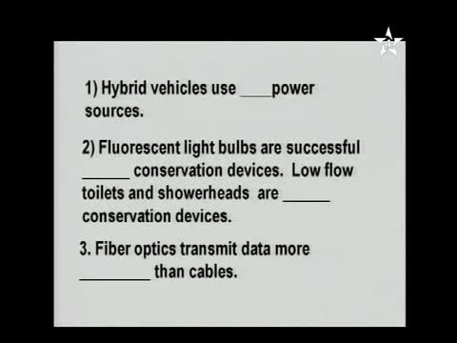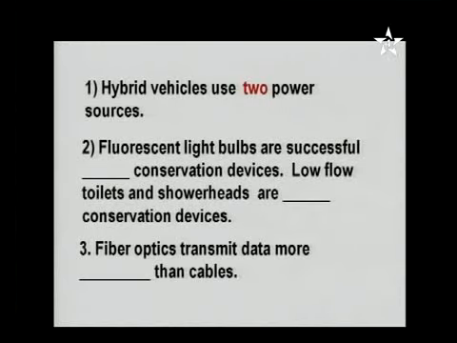Low flow toilets and shower heads are ___ conservation devices. And number 3, fiber optics transmit data more ___ than cables. Can you correct? Yes. Hybrid vehicles use 2 power sources. Do you remember them? Gasoline and electricity.